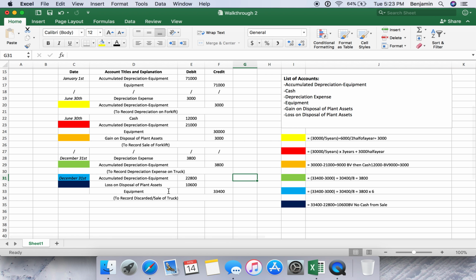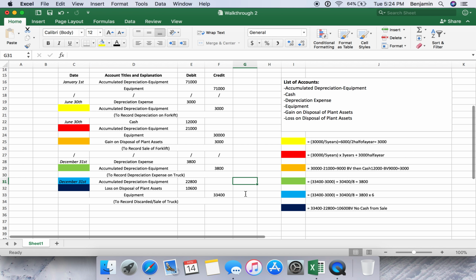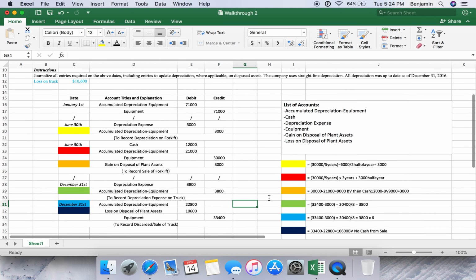Then we need to record the loss on the disposal of plant assets. The equipment was worth $33,400, and we had accumulated depreciation of $22,800, and that gives us a $10,600 book value. Since the truck was discarded, we did not make any money, so we can't take any cash out of that.